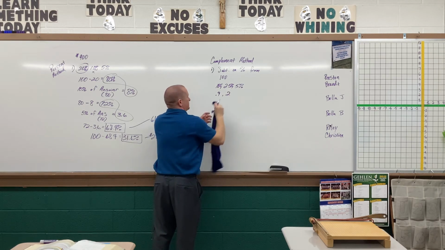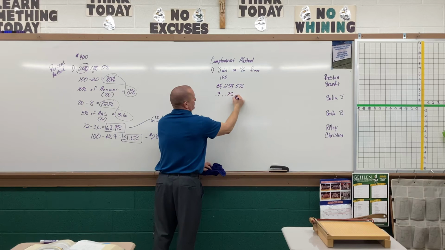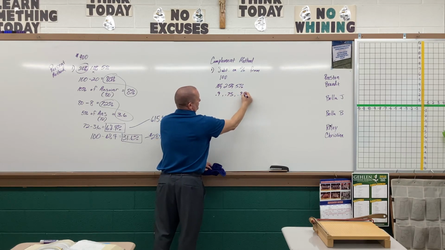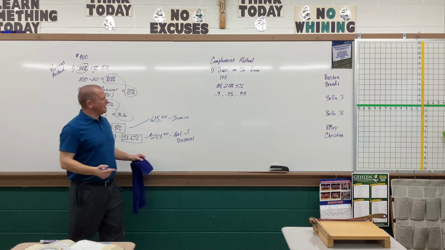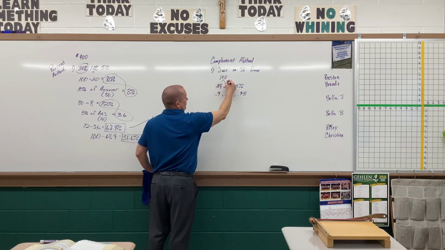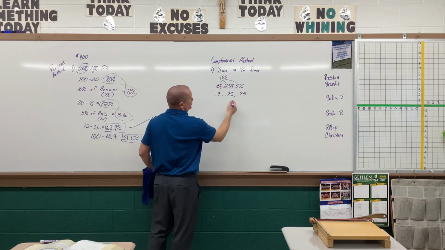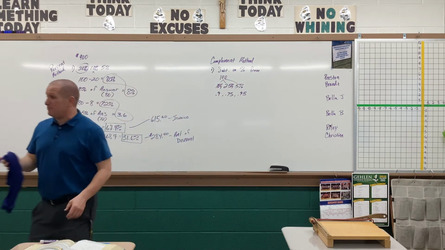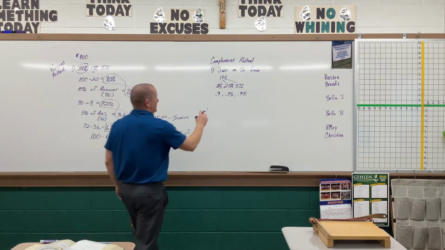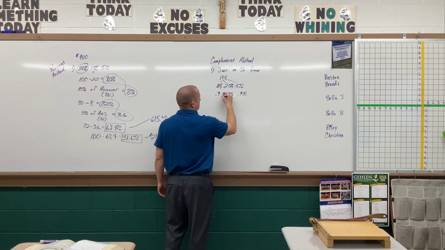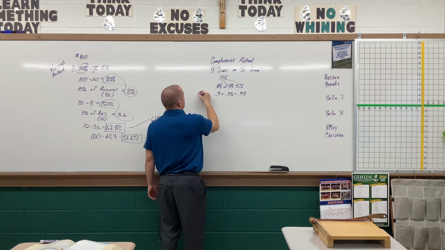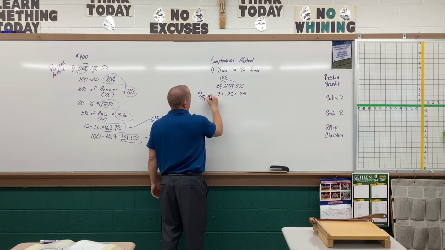So this would be 0.75, and the last one would be 0.95. So all you're doing is subtracting each one from 100. After you get these, these are the complements. We're going to multiply all of these together. So number 2, multiply the decimals together.